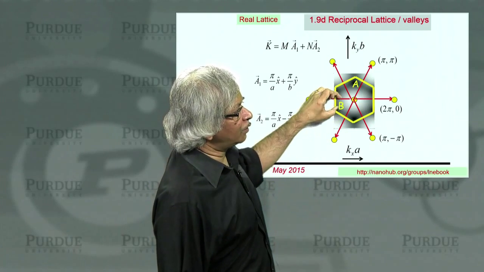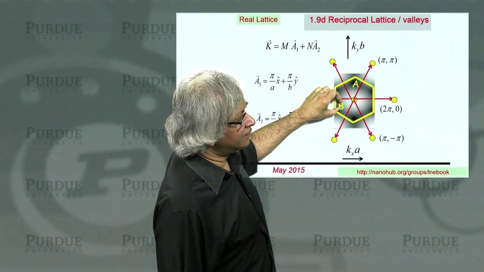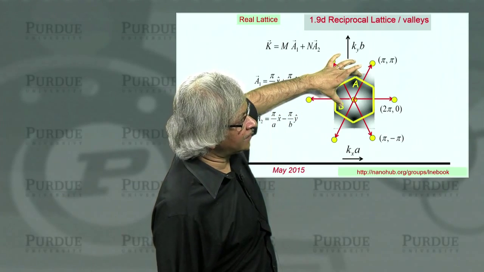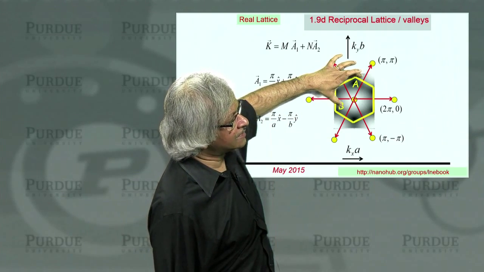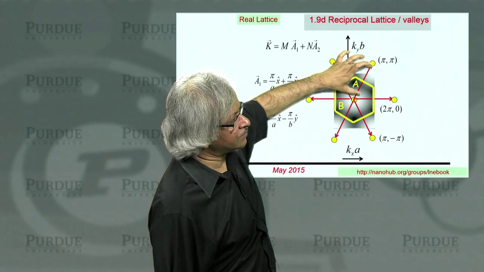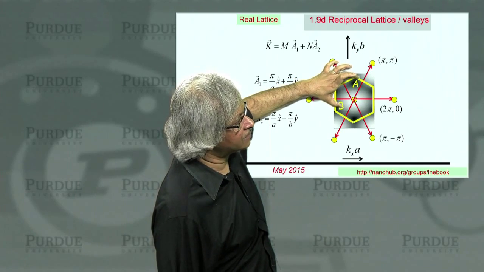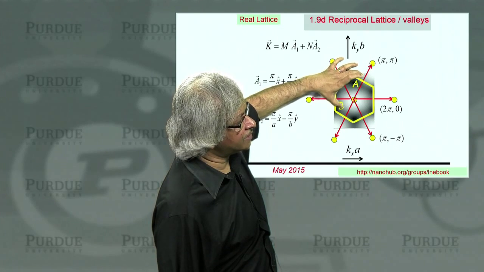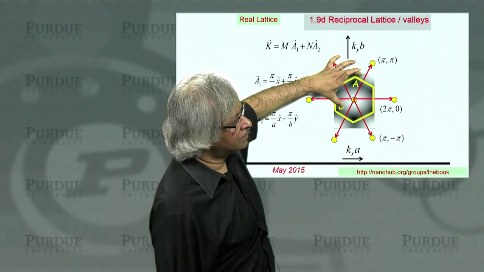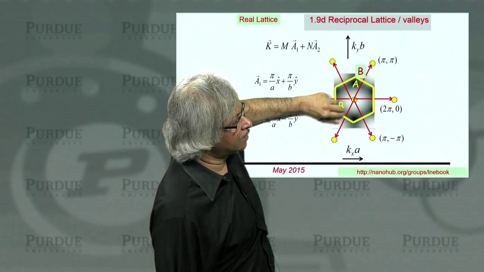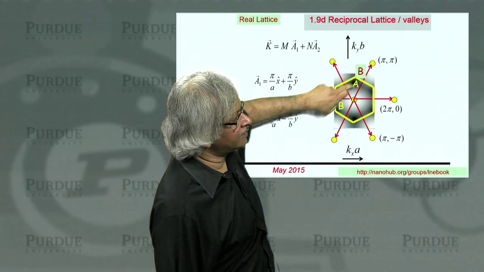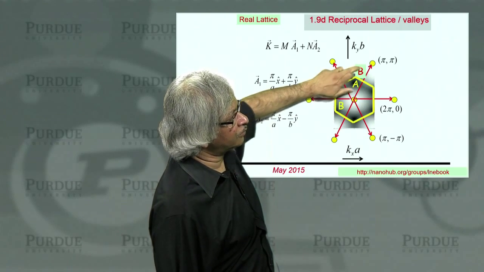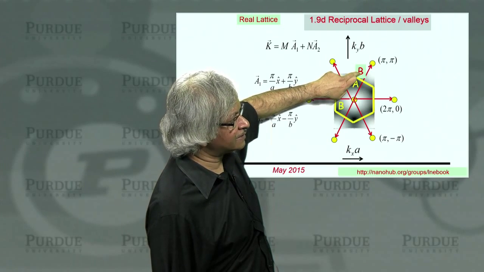But of course, what you could do mentally is, this point is equivalent to that point. Why? Because they are separated by a reciprocal lattice vector. If I add a reciprocal lattice vector to this, from here I can get there, which means all the states here are equivalent to states over there. So instead of having 1/3 of a valley here and 1/3 of a valley there, I could put them around the same place.